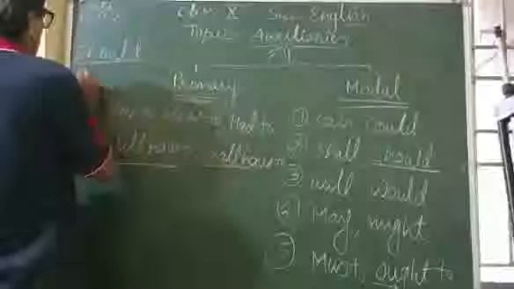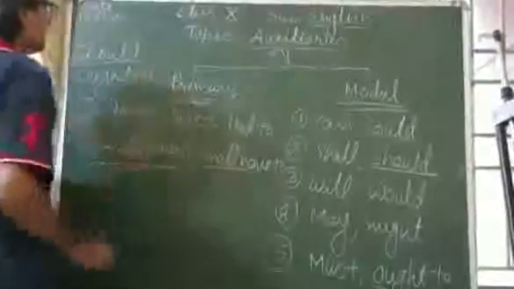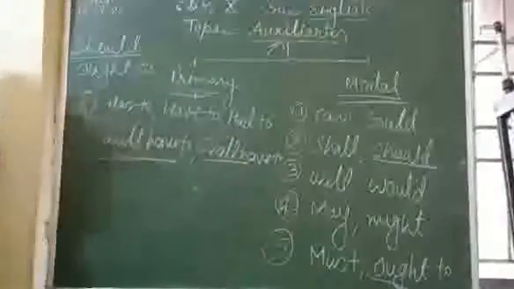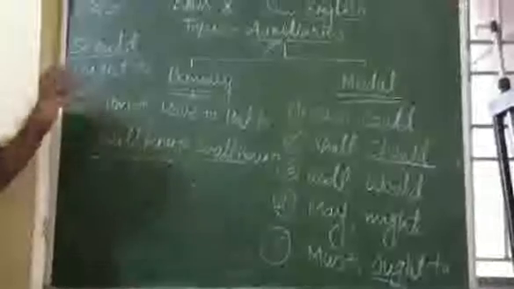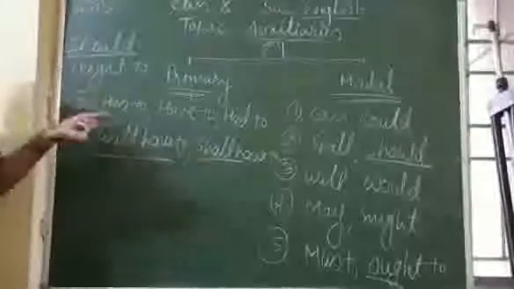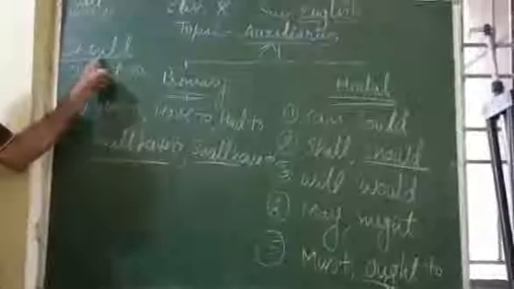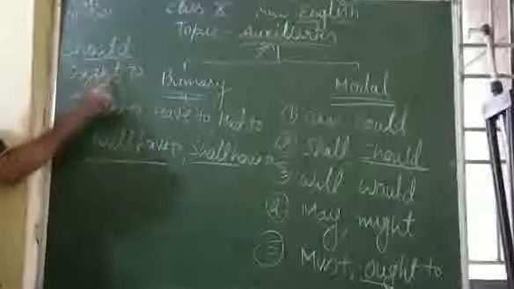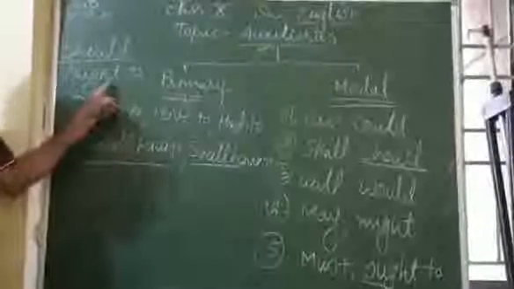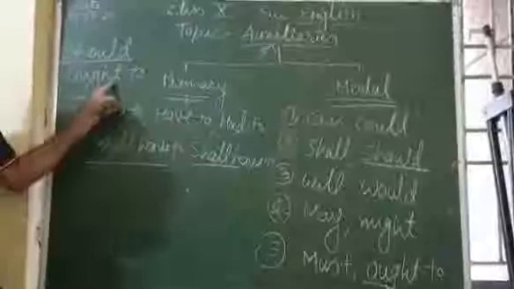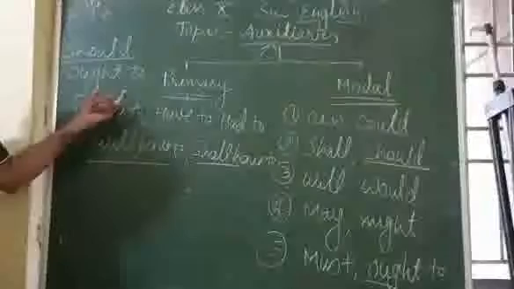Should and ought to are used to show suggestion or compulsion, moral compulsion, moral suggestion, like you should obey your parents. Or moral compulsion means you ought to obey your parents, or you ought to follow the rules of the road. You ought to follow the discipline of the school.